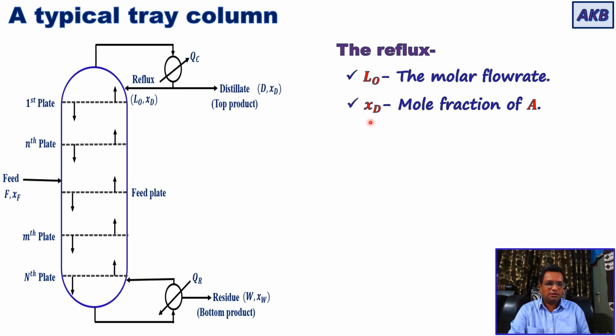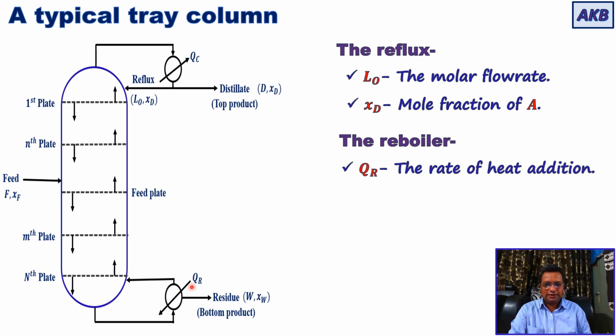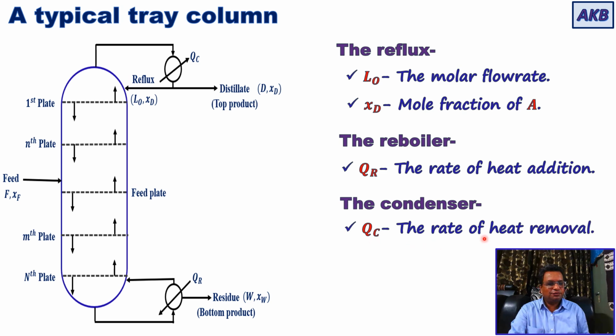That's why in the reflux also the mole fraction of A is XD, same as in the distillate. Then the reboiler. In the reboiler, as I said, we are adding some heat, and let the rate be represented by QR. And in the condenser, you are removing heat from the vapor at a rate of QC. So QC represents the rate of heat removal, QR represents the rate of heat addition.